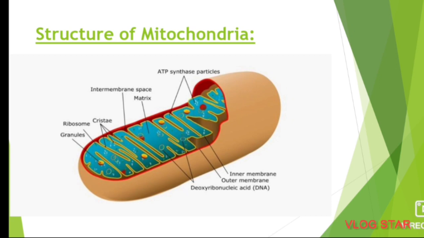Mitochondria consist of inner membrane, outer membrane, DNA (deoxyribonucleic acid), ATP synthesizing particles, intermembrane space, matrix, cisternae, ribosomes, and granules. The inner chamber of the mitochondria contains DNA, RNA, and ribosomes. Mitochondria are the site of aerobic respiration.